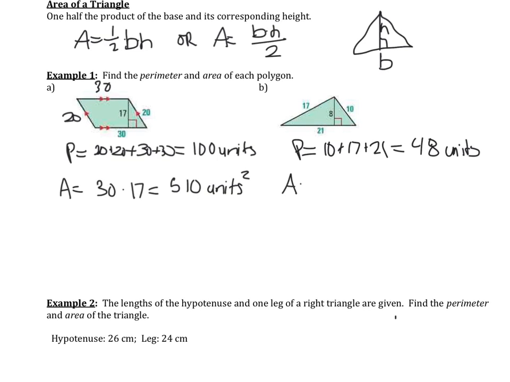Then the area, you take 1/2 of my base, which is 21, times my height, and the height of this triangle is 8. So when you multiply this, again, double check my math here, but I got 84 units, and because this is area, this should be units squared.